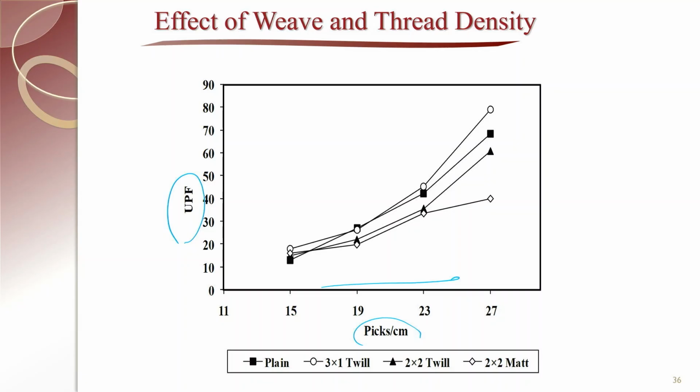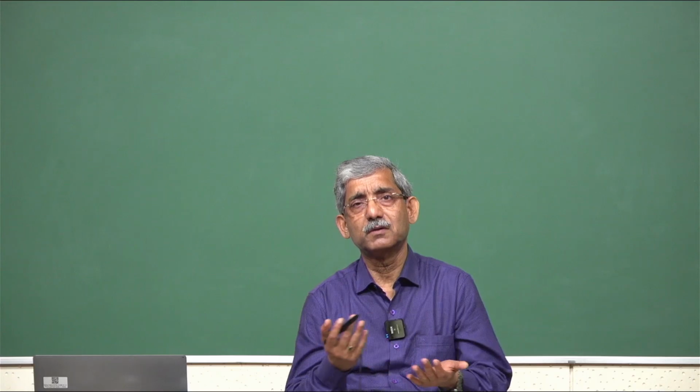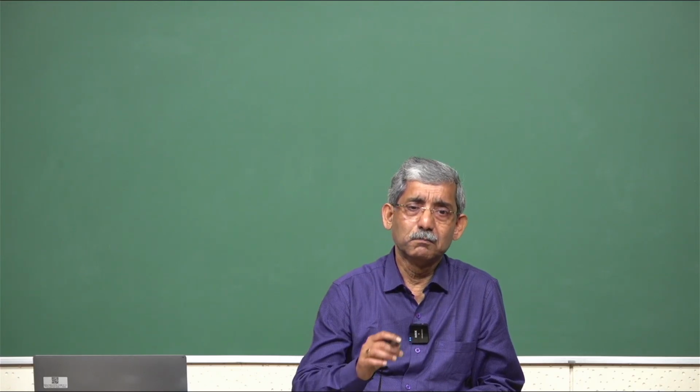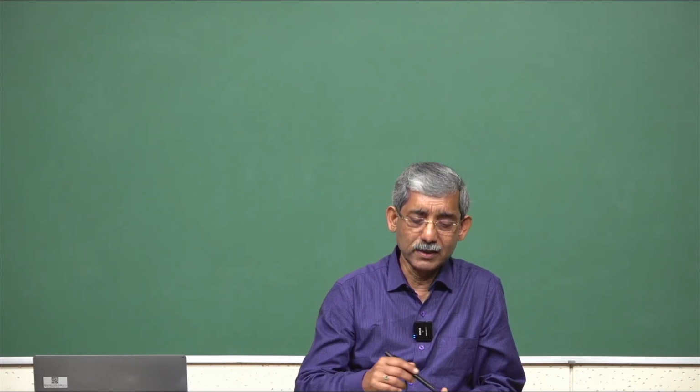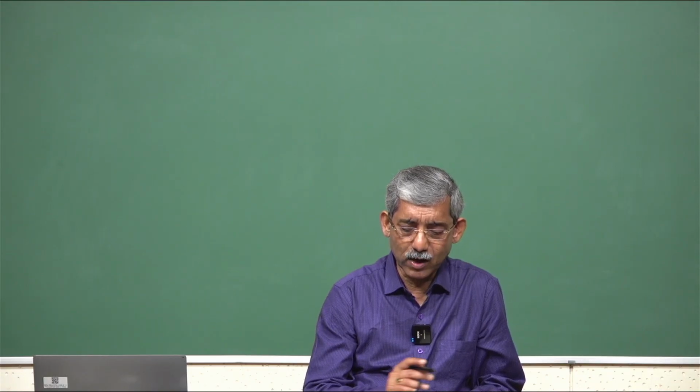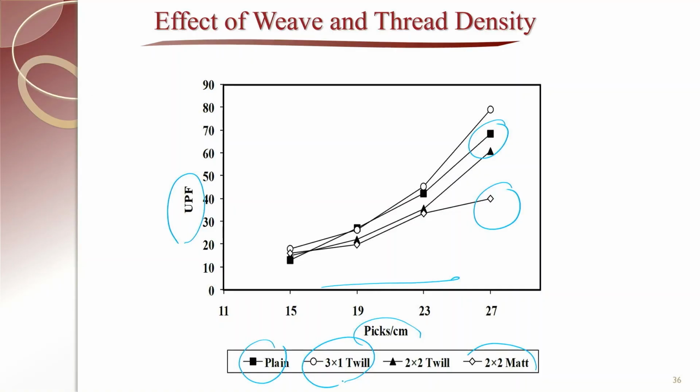And we can see for plain weave it is observed that the UPF is very high, and for matt it is low, because it also depends on the actual opening. Here it is a 3 up 1 down twill, it is showing highest.